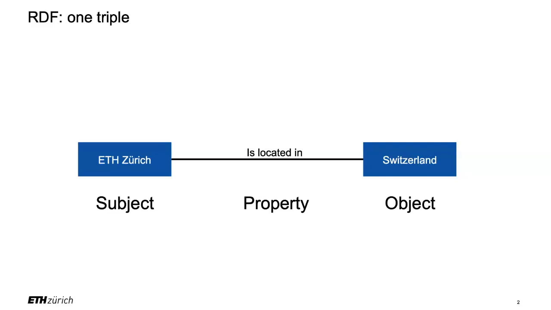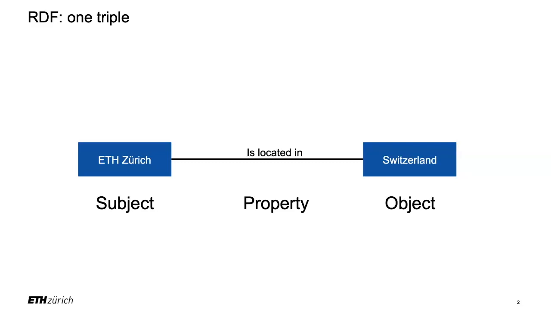The first one is called the subject, the second one is called the property, and the third one is called the object. Every one of these triples actually represents an edge, right? An arrow in the graph from the subject to the object, but it's annotated with a property. And so if you have billions or trillions of such triples, you can basically on the logical level reconstitute the whole graph. So this is an alternate model.